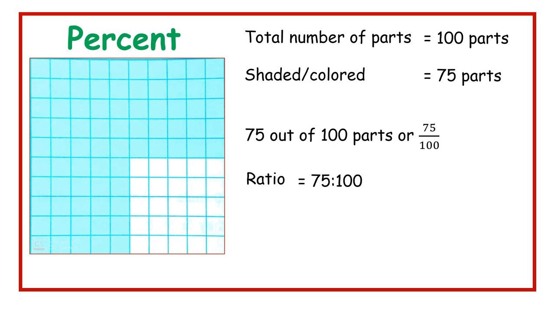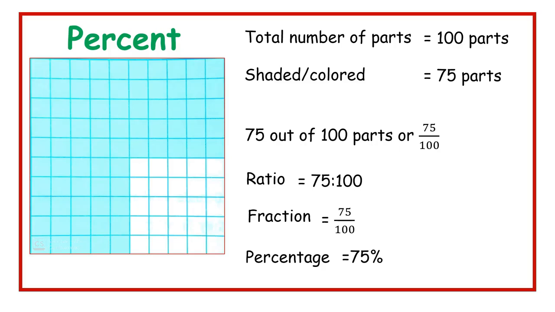So we can write this as a ratio as 75 to 100, and as a fraction we can say 75 out of 100. To write this in form of percent, we say 75%.